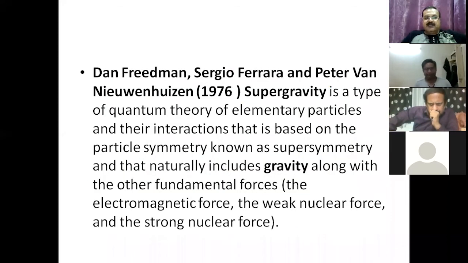Now this has been changed by Freedman and Ferrara, who floated a theory of supergravity. In supergravity, he says that gravity is just like one of the fundamental forces, like the electromagnetic force, weak nuclear force, and strong nuclear force. And when these three forces are included, it becomes a seven-dimensional theory.